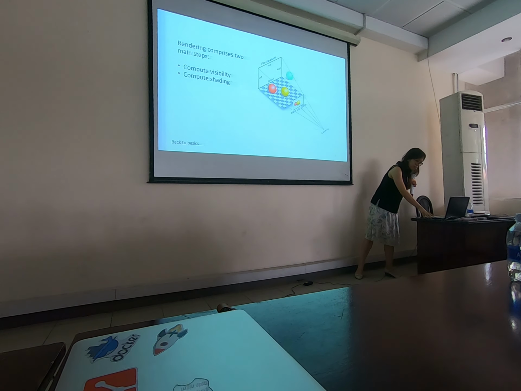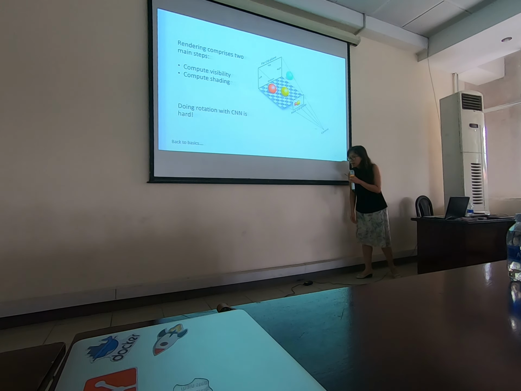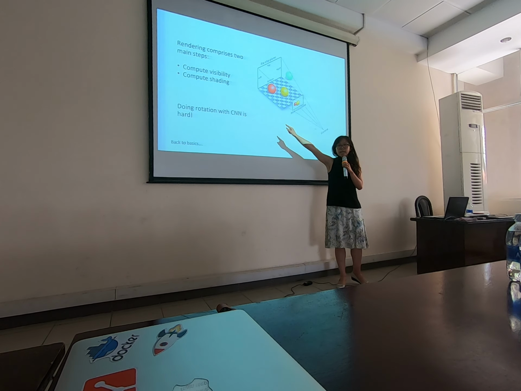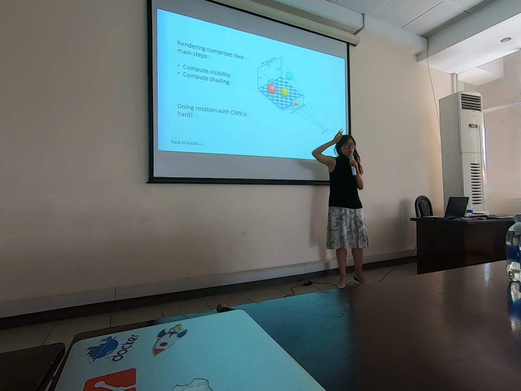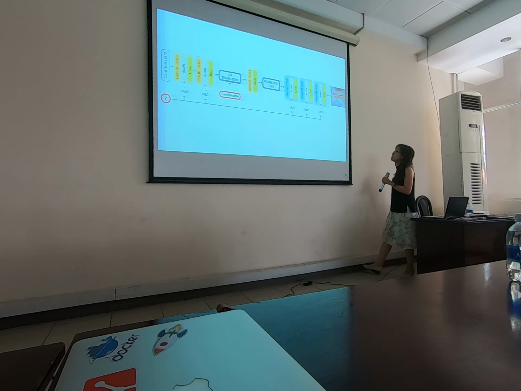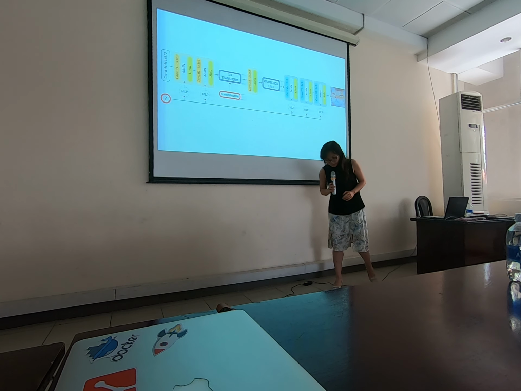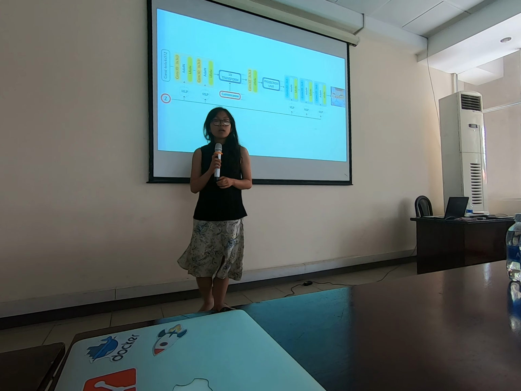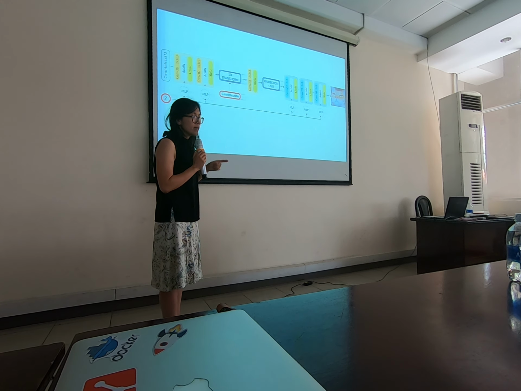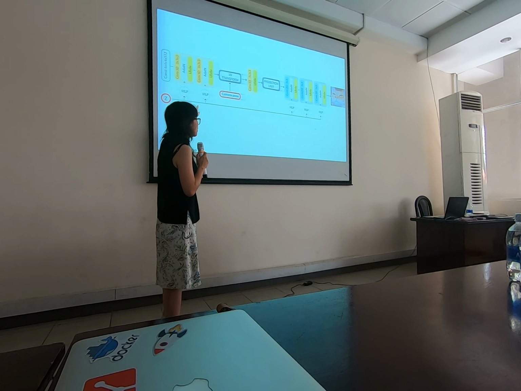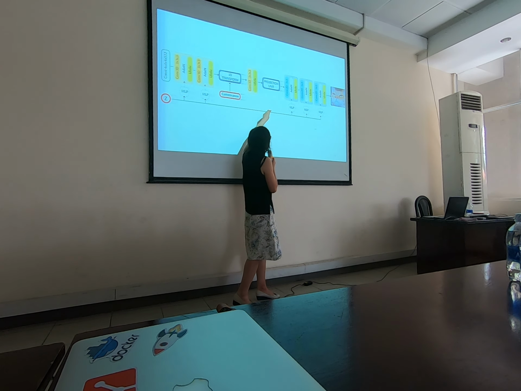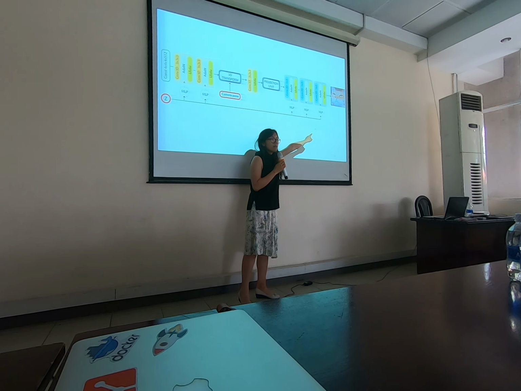And this is also back to the two insights that I showed before. Doing rotation with CNN is very hard. And in order to do rendering, you need both the 3D input and the 2D images out. Okay, so this is the more detailed version of HoloGAN. So unlike any other image generation pipeline, we first generate 3D features, these are learned features, and then render, in quotation marks, to generate the final images.